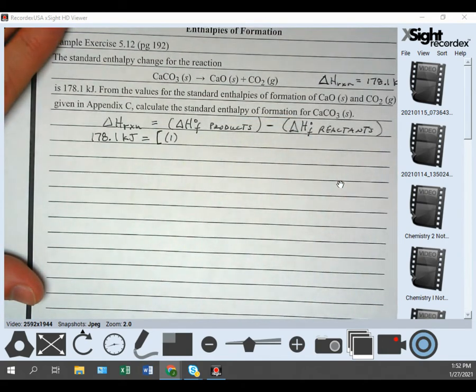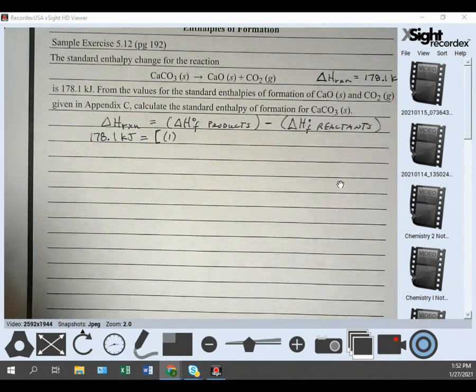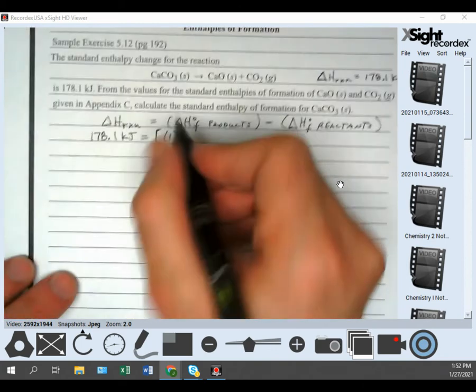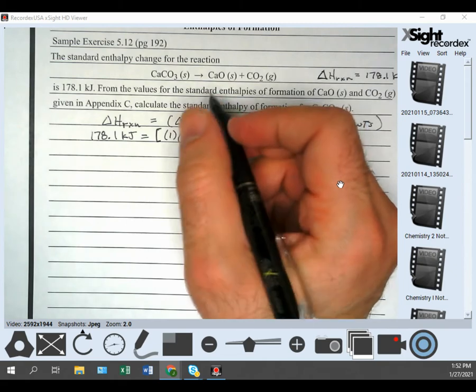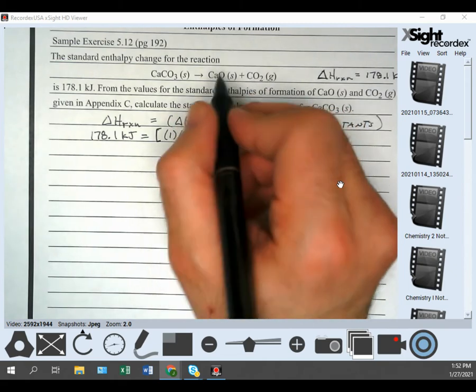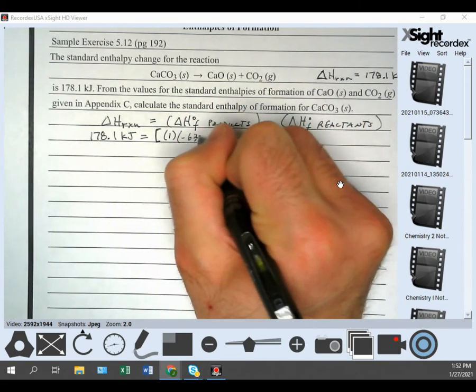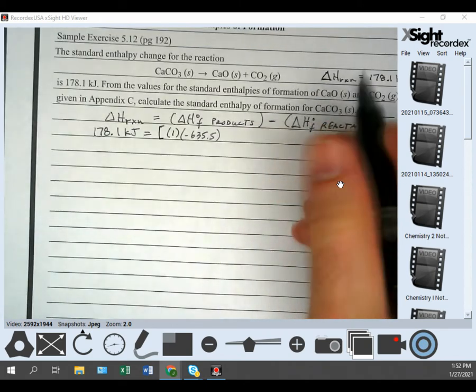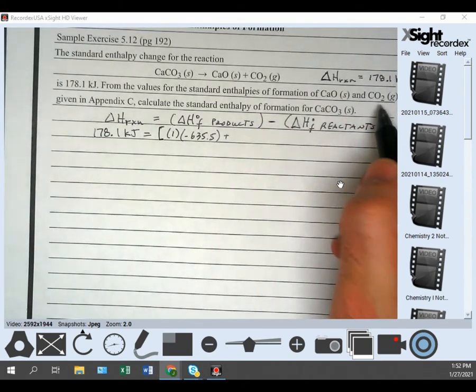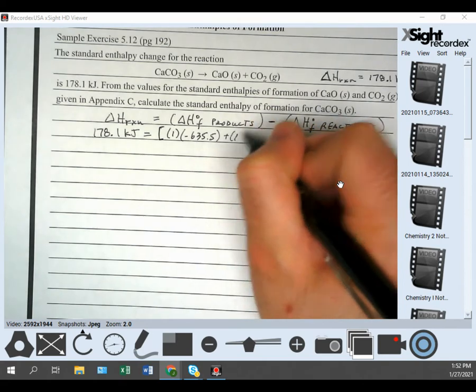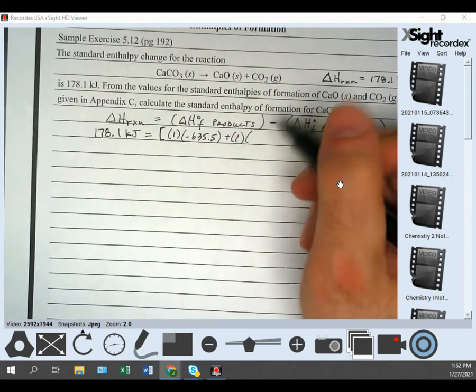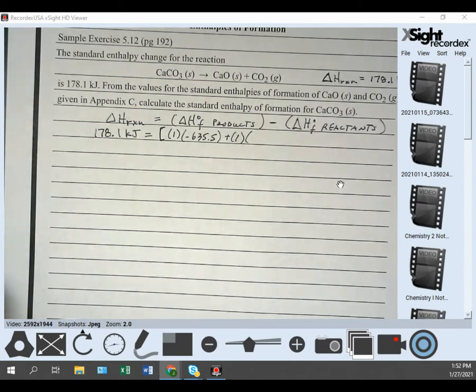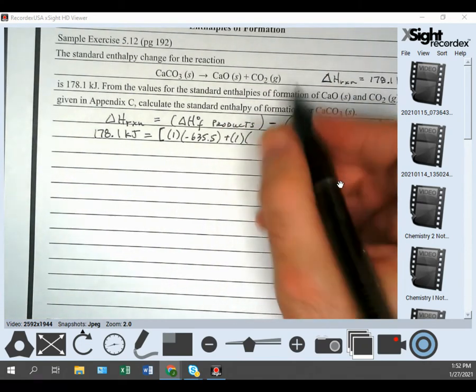So CaO solid, CaO is calcium, so it'll be under calcium. CaO solid is negative 635.5, plus CO2 gas. CO2 gas is negative 393.5.